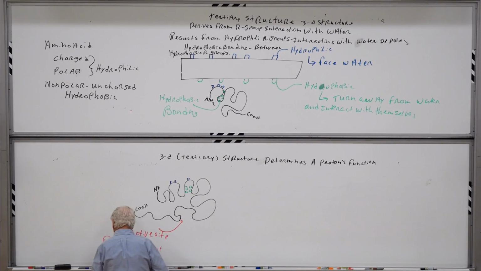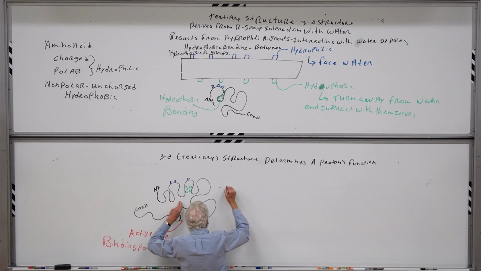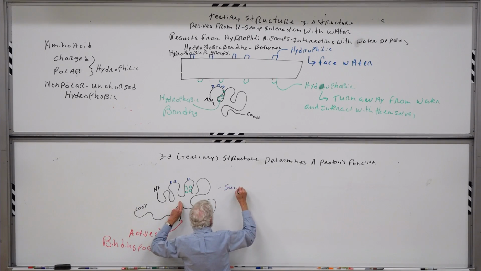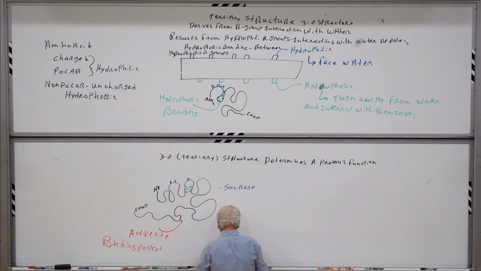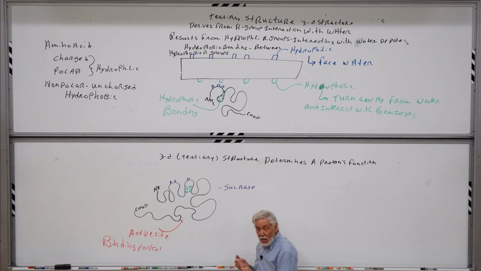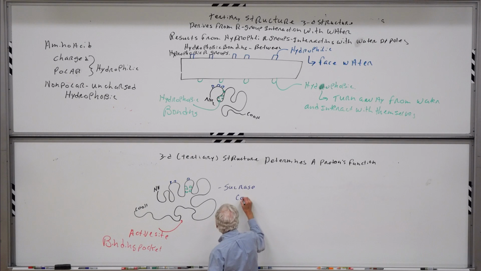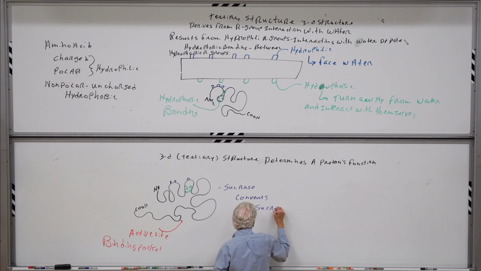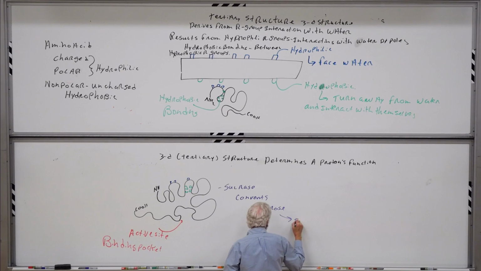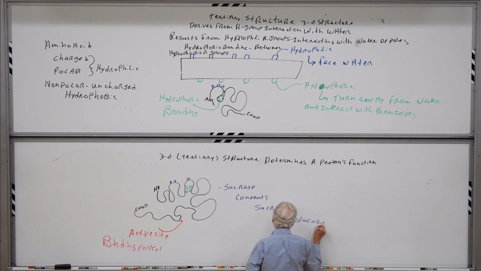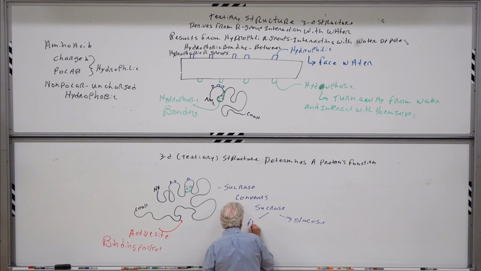If this protein happened to be something like, say, sucrase. Sucrase is an enzyme that converts sucrose to a molecule of glucose and a molecule of fructose.